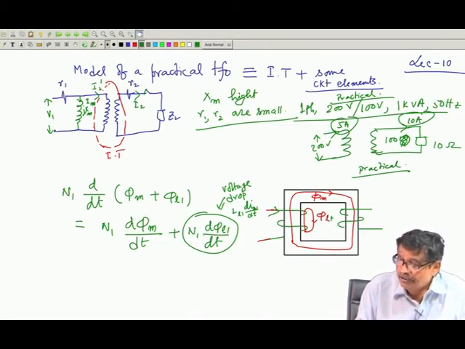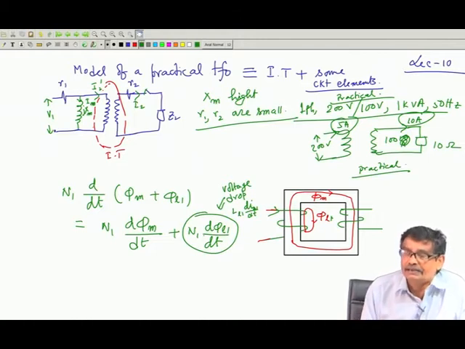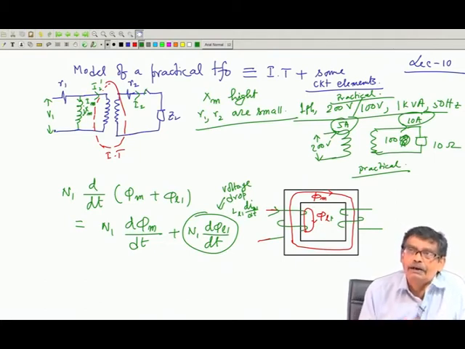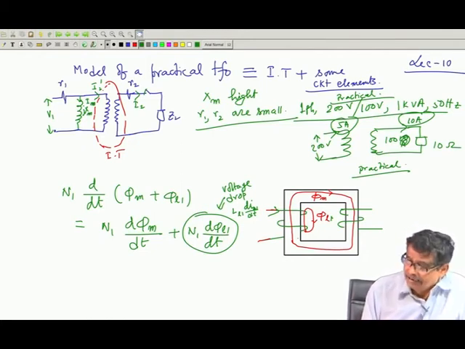One is the mutual flux, which will be totally in the core, another is the leakage flux. This leakage flux will complete its magnetic path primarily through the air. Its reluctance is high, so leakage flux itself will be small, but nonetheless it will cause an extra voltage drop.